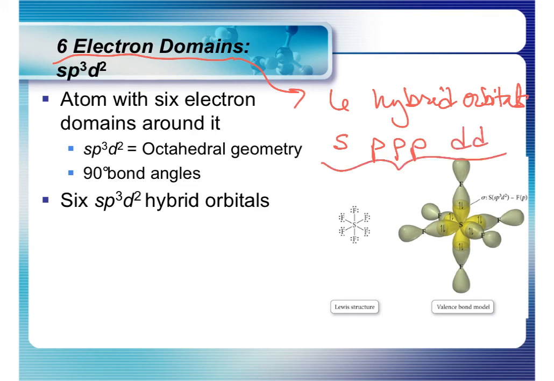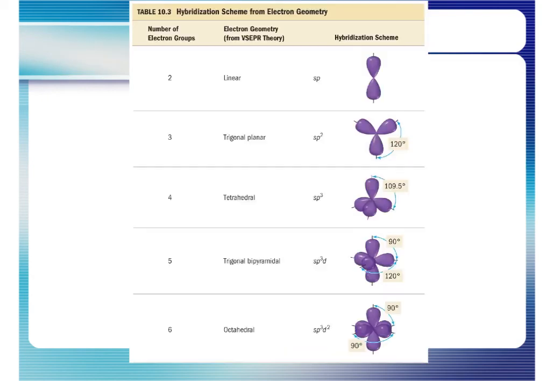When you combine them, that gives us sp3d2. So here's a handy table summarizing the different hybridizations and the shapes they're associated with. This is something you should absolutely be able to recall quickly.